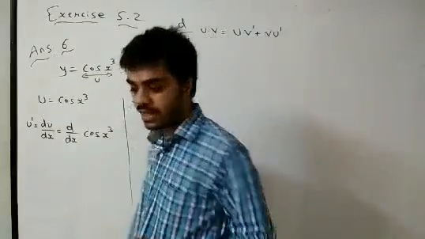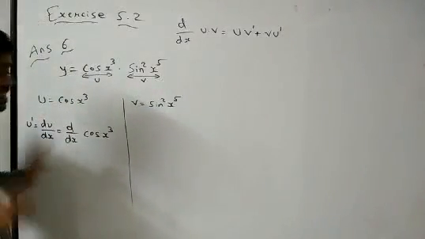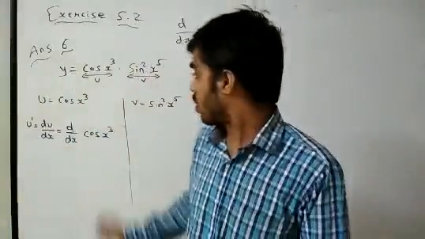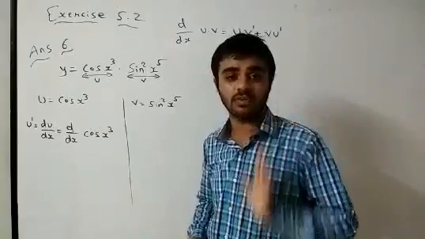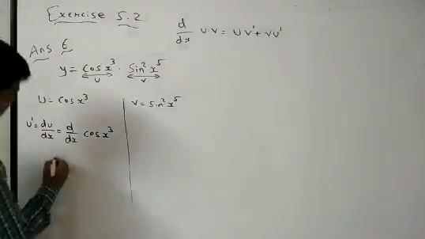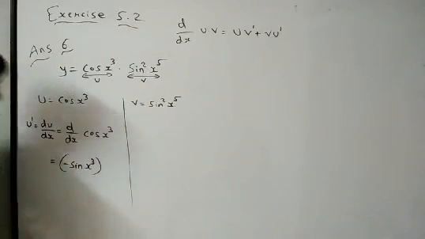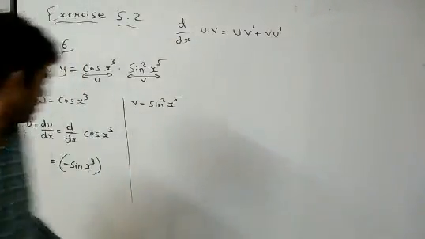But now we are going to modify ourselves and find how to calculate the derivative very easily. So listen to me very carefully. Cos x cube, what is the derivative of cos? For the derivative of cos x cube, what is our answer? Minus sin x cube.